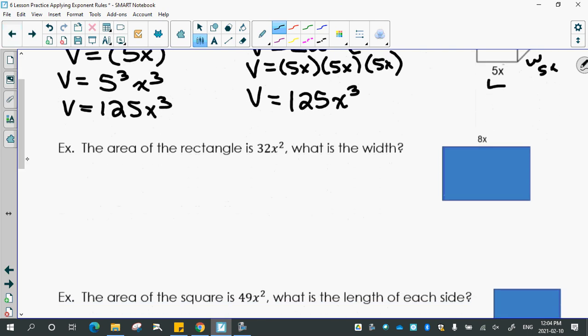All right, the area of the rectangle is 32x squared. What is the width? So we did one kind of like this in the warm-up. Given the area and the length, you have to figure out the width. I see tons of people doing division.